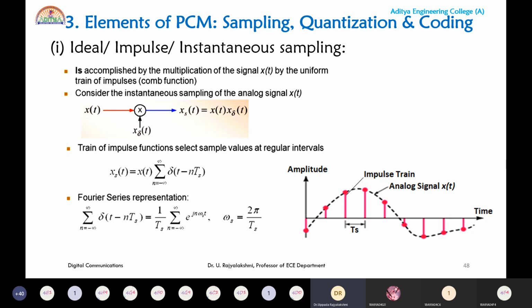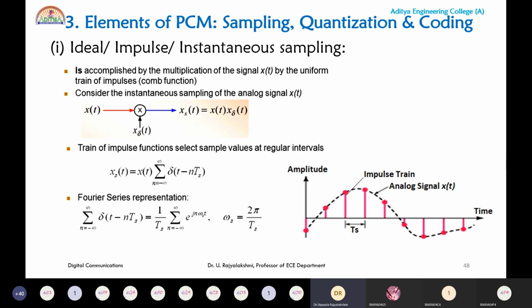Here del represents the impulse function, and the instants are at t equals nts, where n ranges from minus infinity to plus infinity. Now if you multiply that with x of t, you can generate the sample signal.